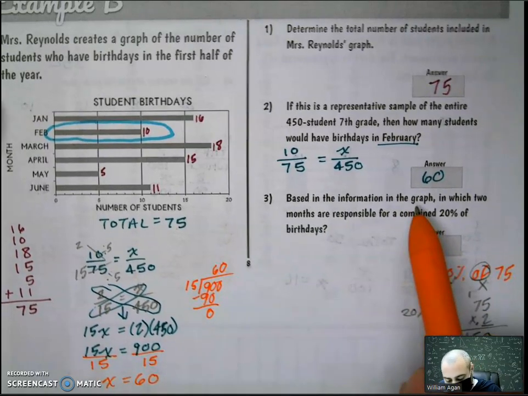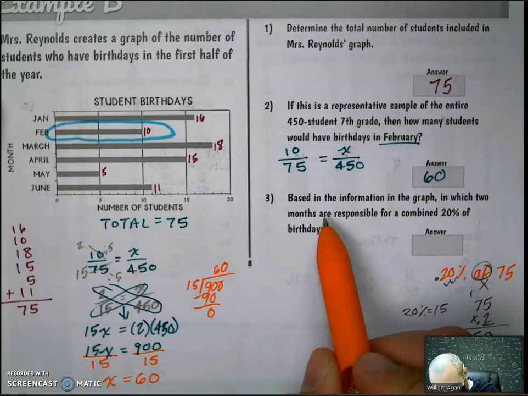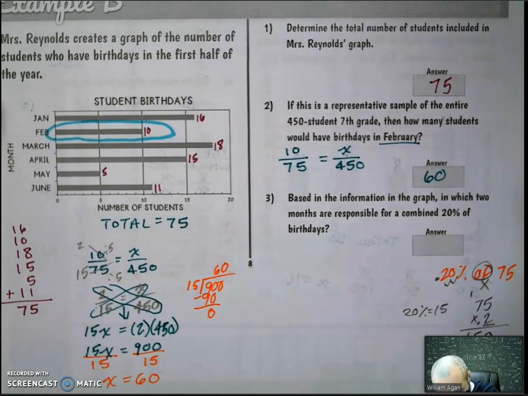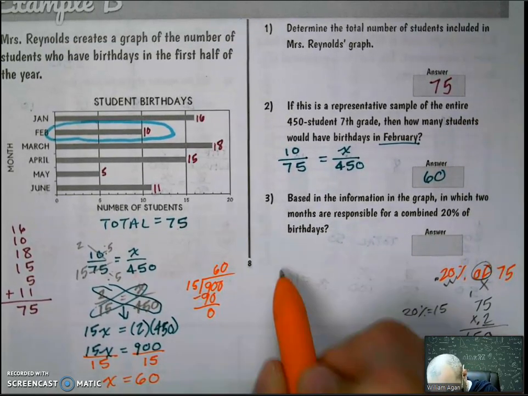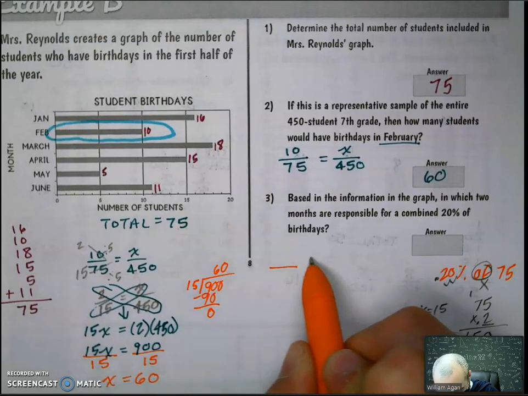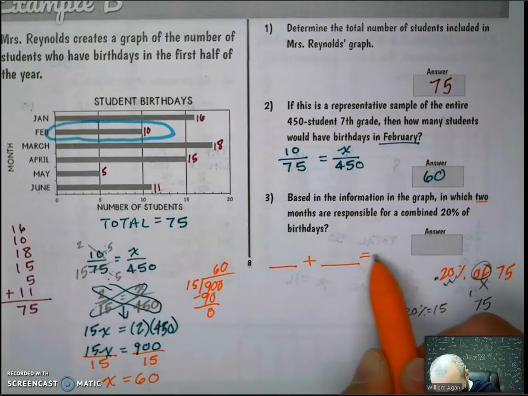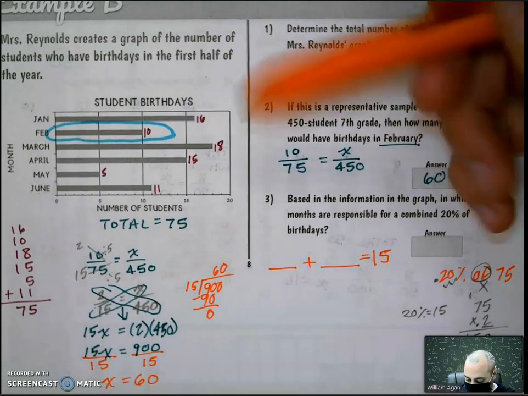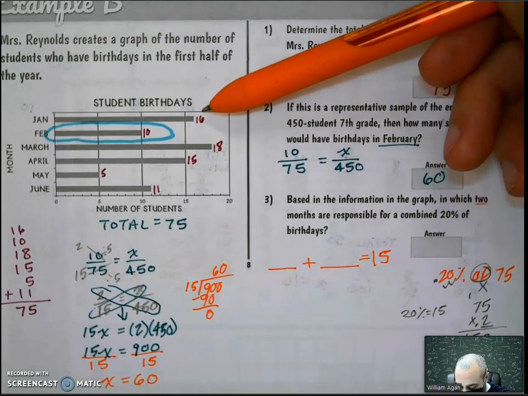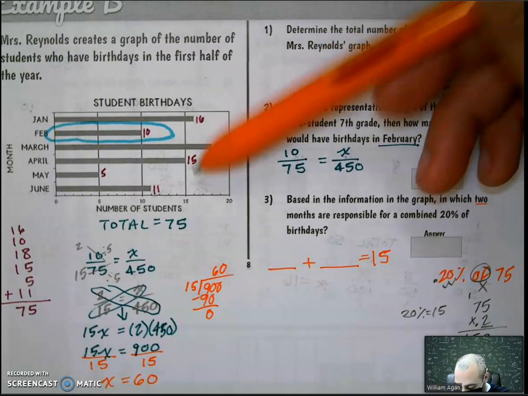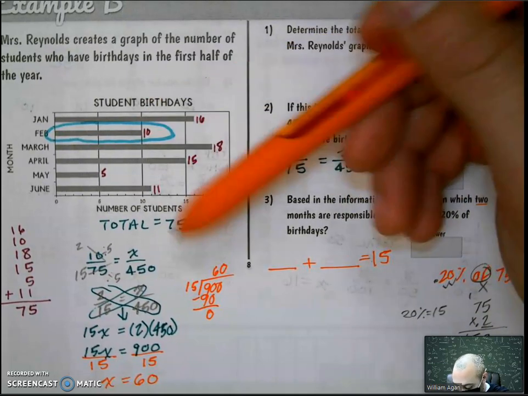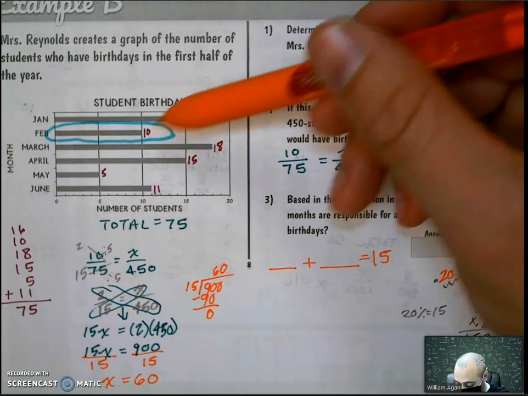So, based on the information in the graph, in which 2 months are responsible for a combined 15 students? So we need to know something plus something else, it says 2, would equal 15. Let's look at our choices. 16, no. 18 and 15, no. Those are all too big. So we have to look at these 3. Okay, 10 and 5.